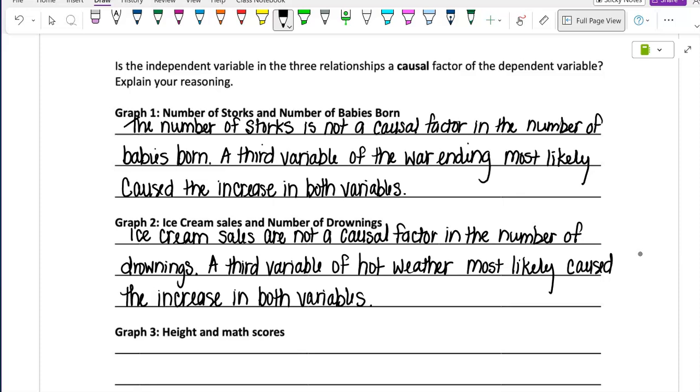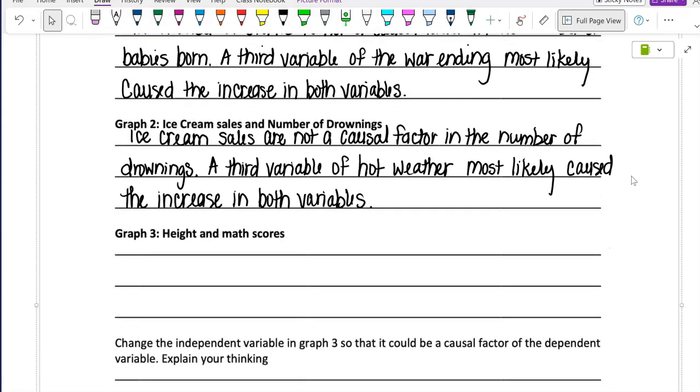So again, there is correlation, there is a relationship, but it does not mean that one is causing the other just because we have a relationship.